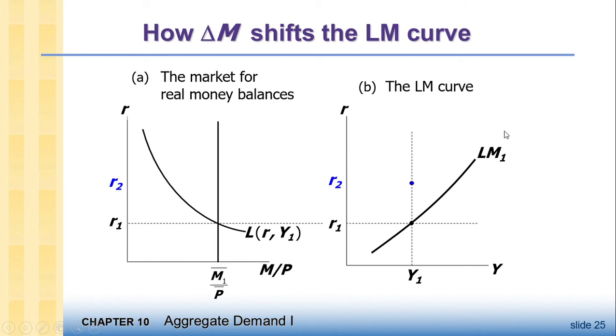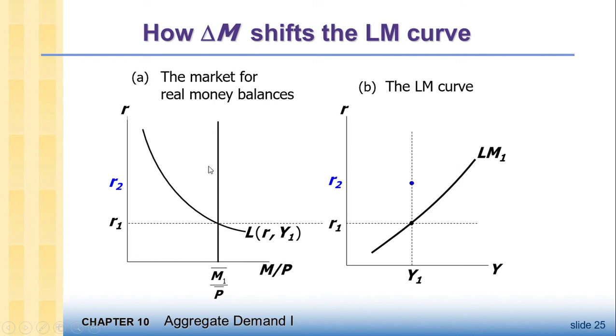Now what happens if, in the market for real money balances, there is an increase in the money supply, or the central bank decreases the money supply to a point?